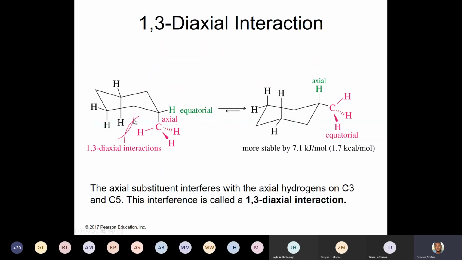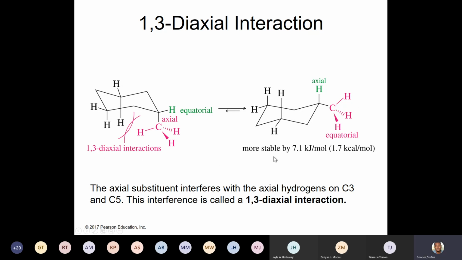Typically people write sterics like this. This causes this conformer to be less preferred. Instead, it's going to ring flip. It's going to go through the half chair, then the twist, then the boat, then the twist, the half chair, and another chair to get this conformer. And this conformation is going to persist. Now I have my large constituent equatorial.